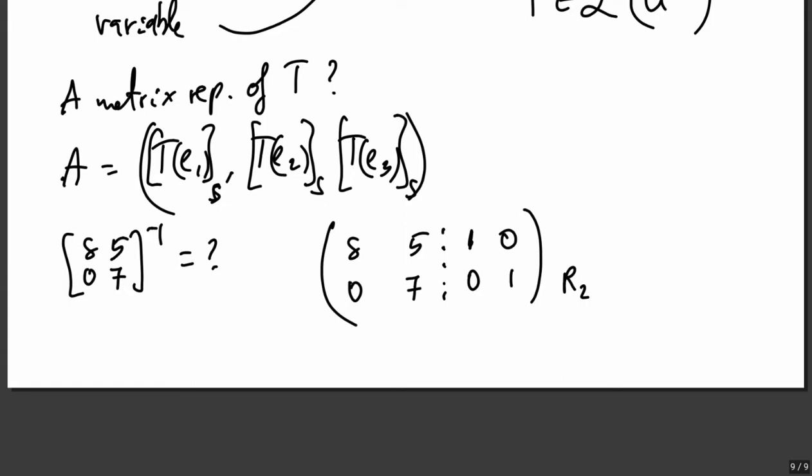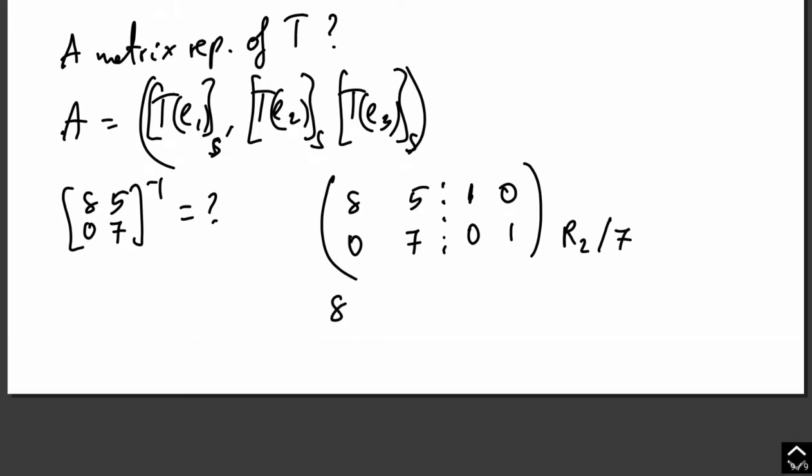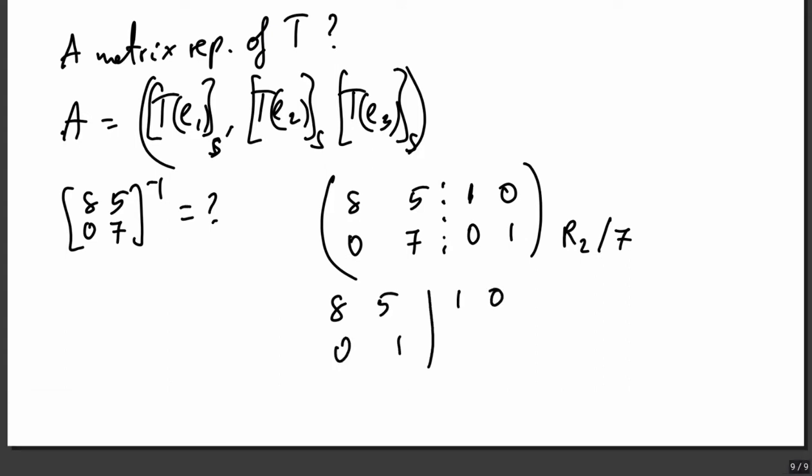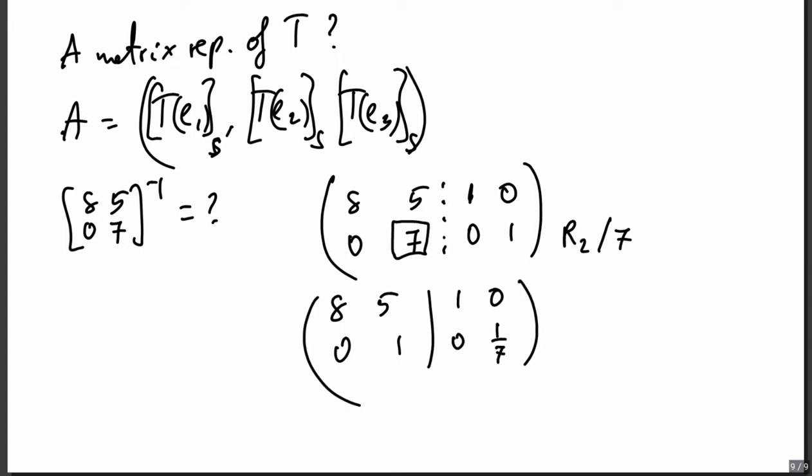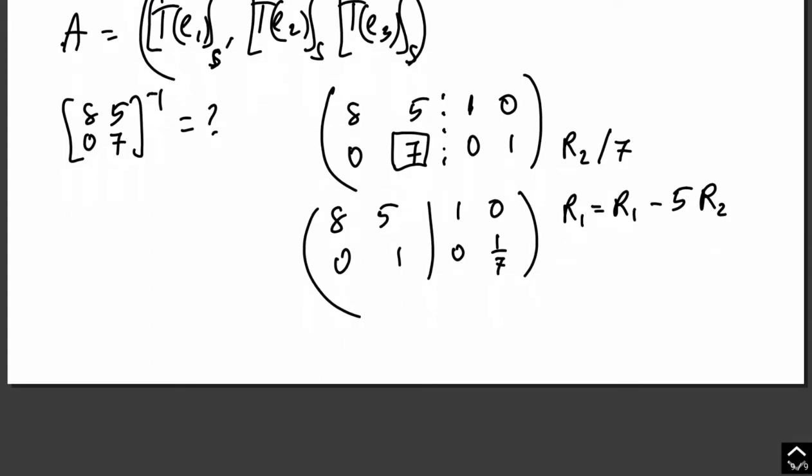We can divide by 7 to get 1 in the pivot here. Then subtract 5 times row 2 from the first row.